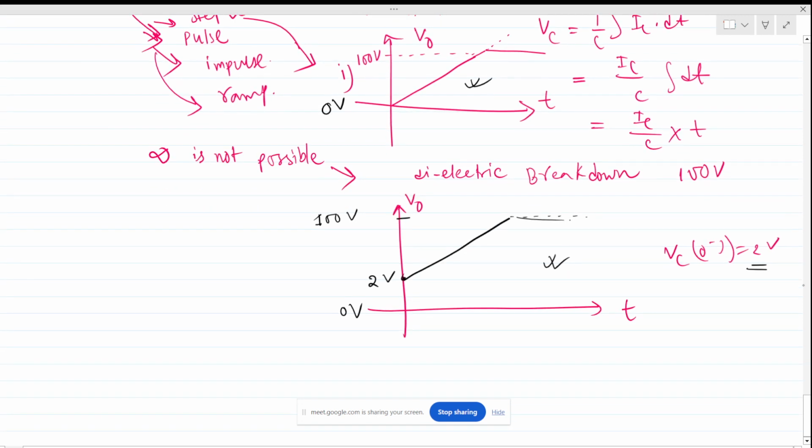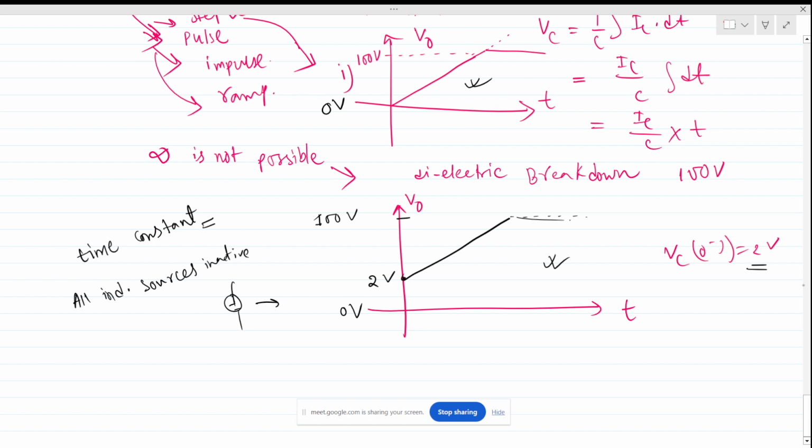Now what is the time constant of this circuit? To find the time constant, we make all the independent sources inactive. So the voltage source will be short circuited and the current source will be open circuited.